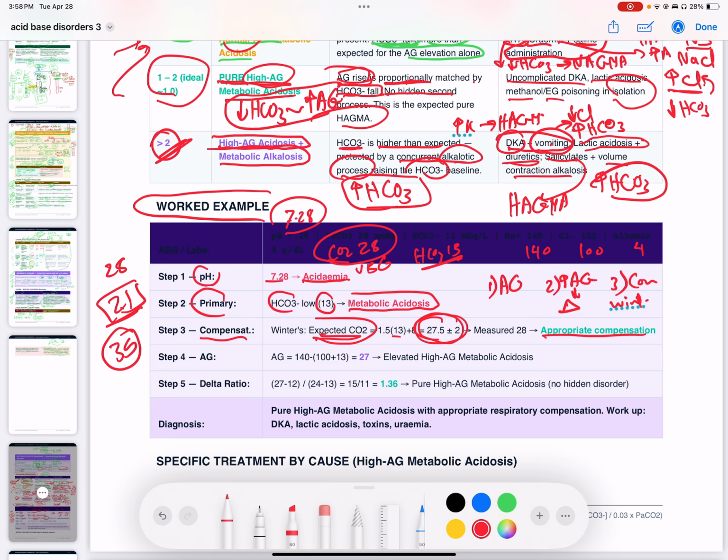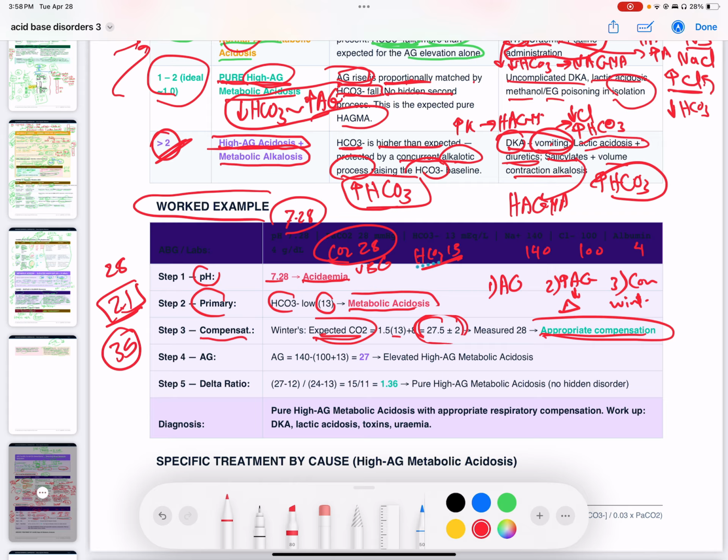And here it will be a mixed disorder between respiratory alkalosis and metabolic acidosis, or respiratory acidosis with metabolic acidosis. But this is not the case here because again, the CO2 is 28, which is within the range. So this means you have appropriate compensation without any respiratory disorder.